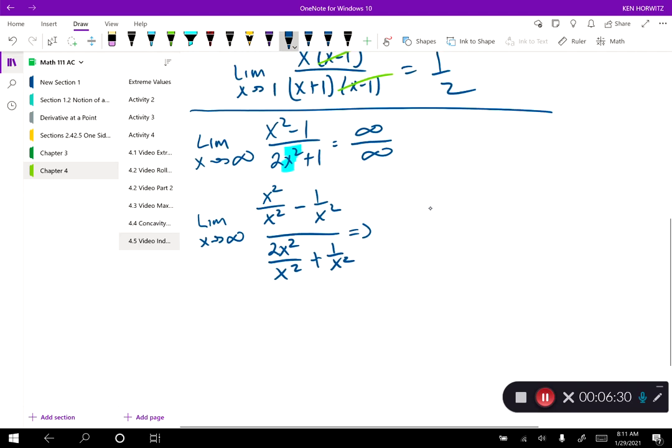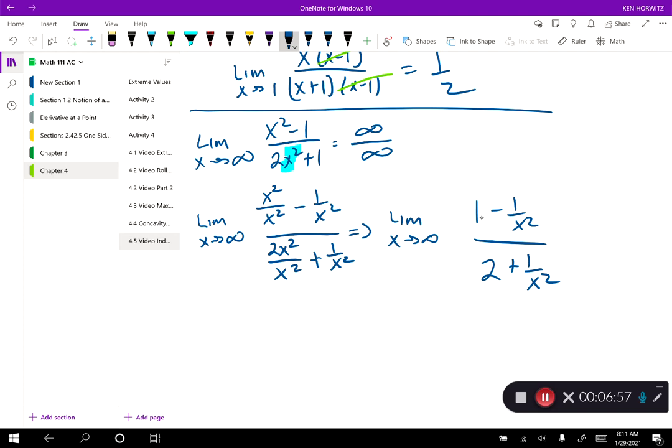So I get the limit as x approaches infinity. And yes, you do need to write limit as x approaches infinity. x squared over x squared equals 1 minus 1 over x squared. 2x squared over x squared is just 2 plus 1 over x squared. And now we plug in infinity again. Plugging in infinity to 1 doesn't change it.